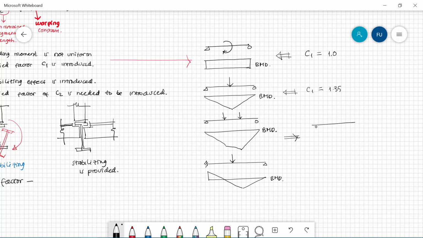So basically like this. So we have lateral support at this point.